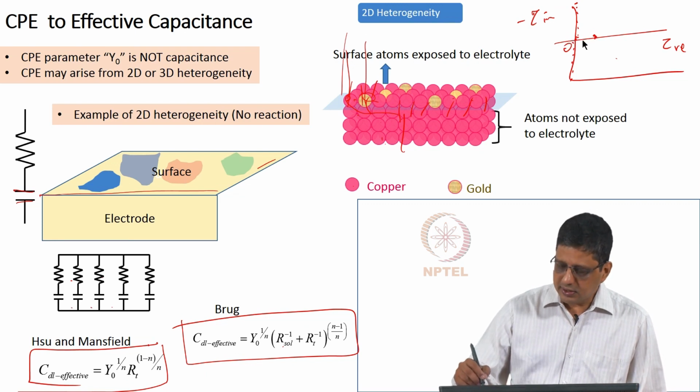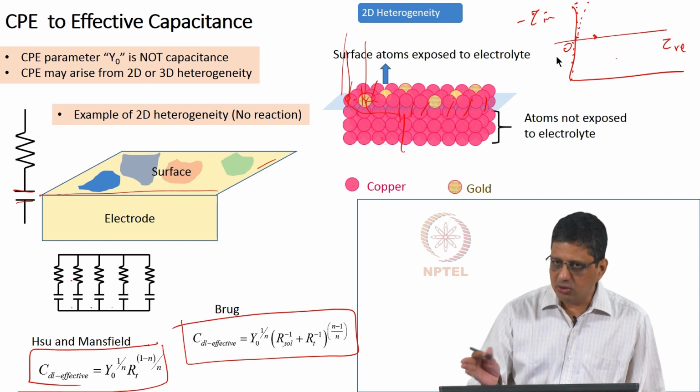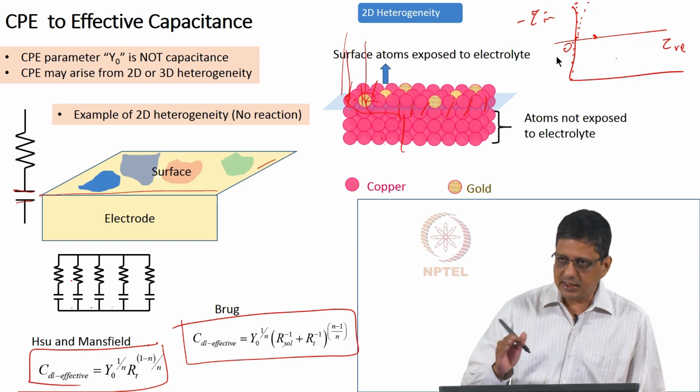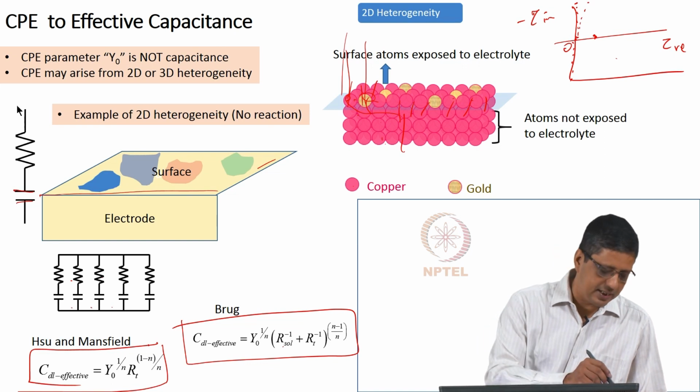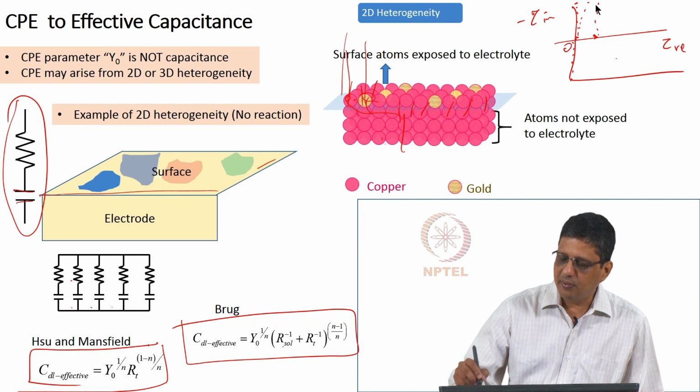A constant phase element with n slightly less than 1 will look like a capacitor, but it is going to be at an angle, it is a complex number. If I say there is a resistance and then a capacitance, it will start here and will have a value like this.